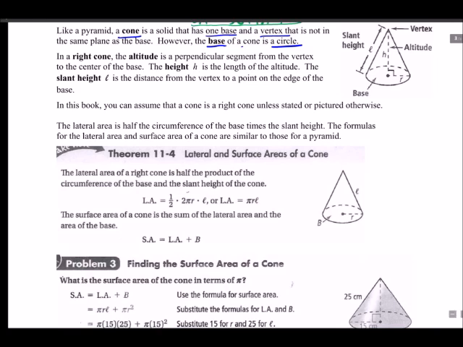In a right cone, our altitude is the perpendicular segment from the vertex to the center of the base. This is just the height of our cone.